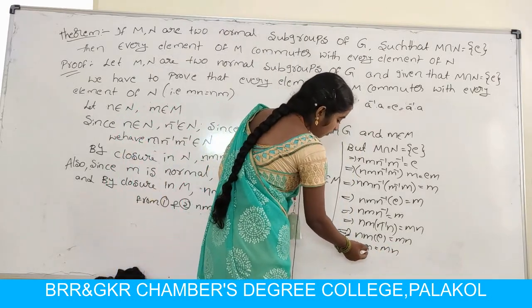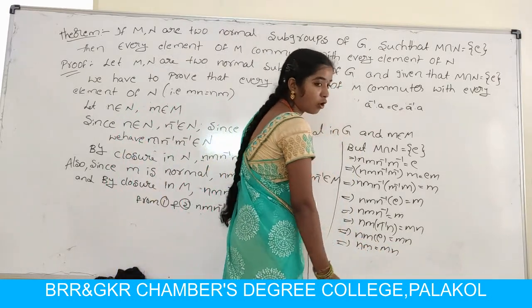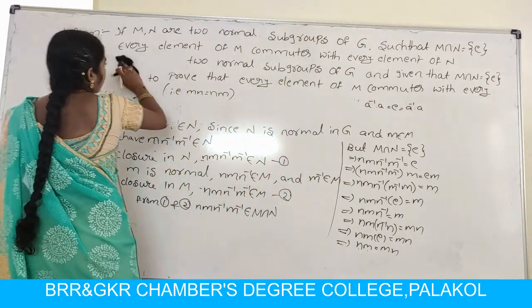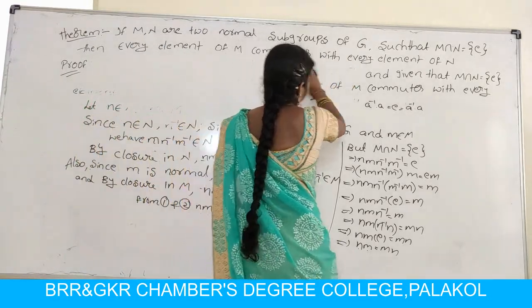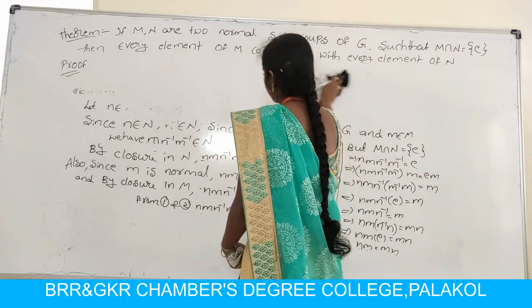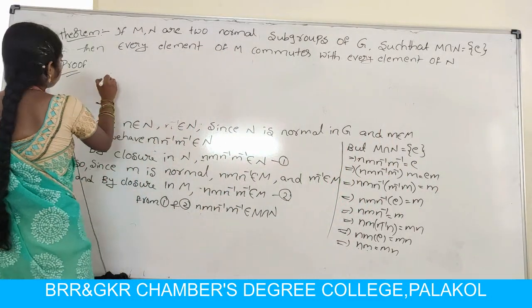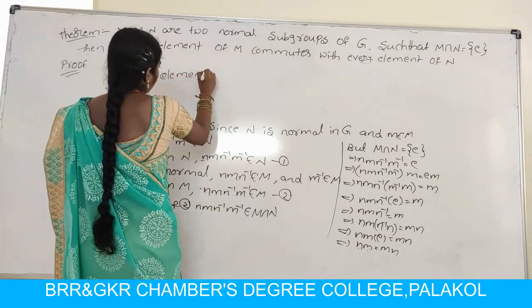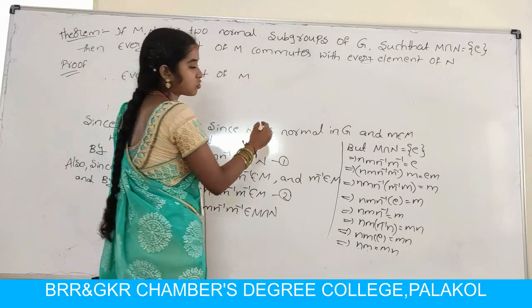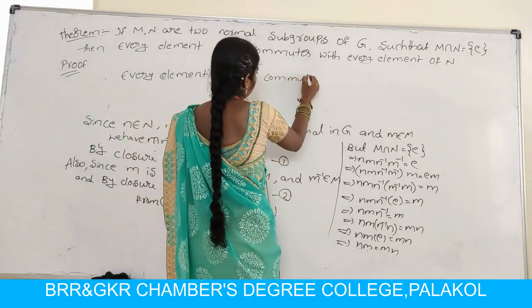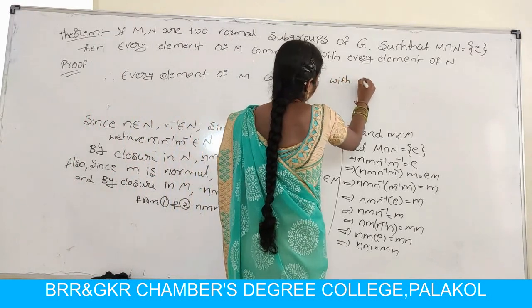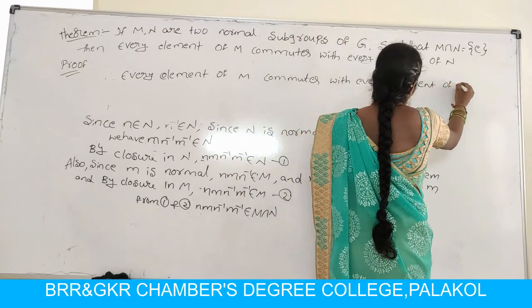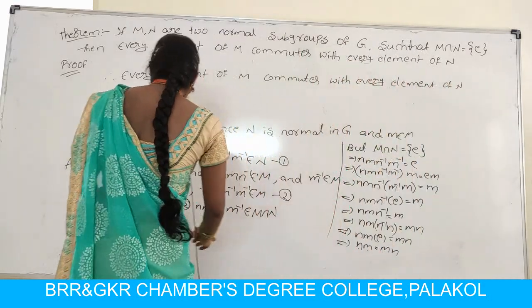So that means every element of M commutes with every element of N. Therefore every element of M commutes with every element of N.